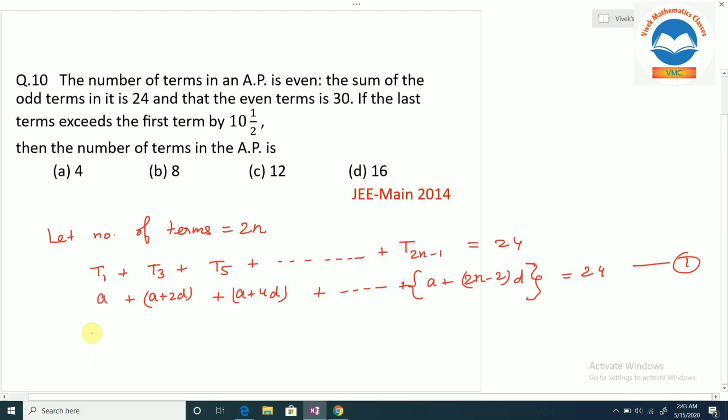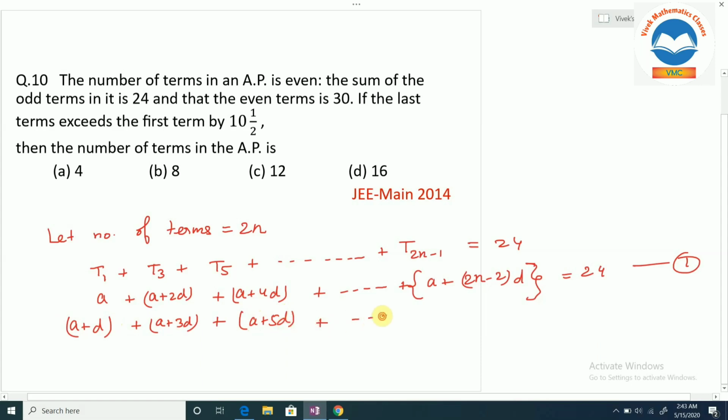Now they are saying the sum of even terms will be 30. What will be the even terms? The first is the second term, a plus d. Next will be a plus 3d, plus a plus 5d.